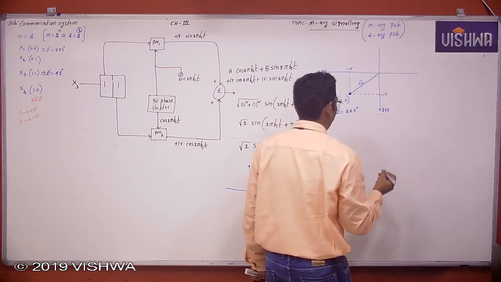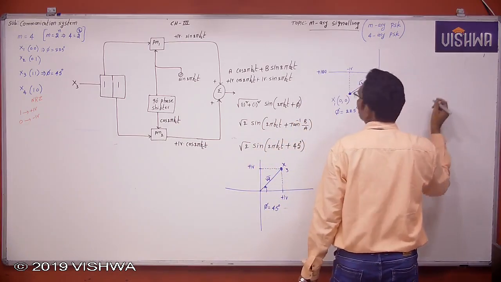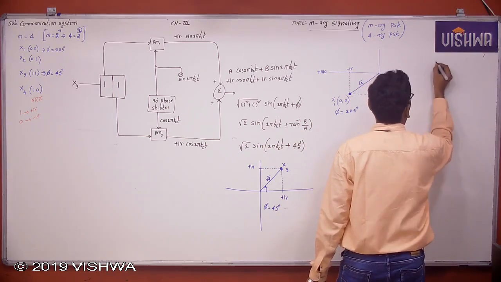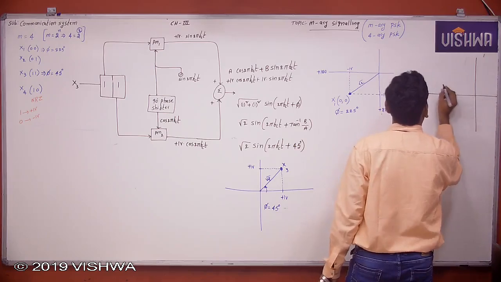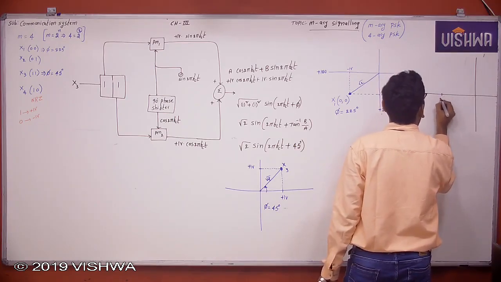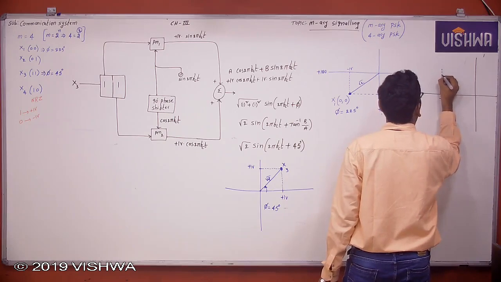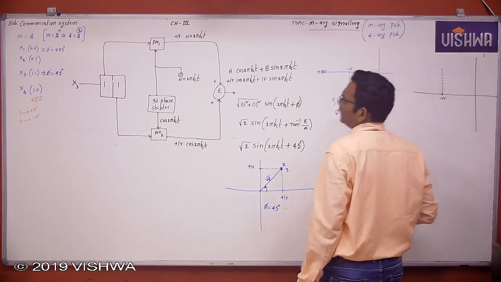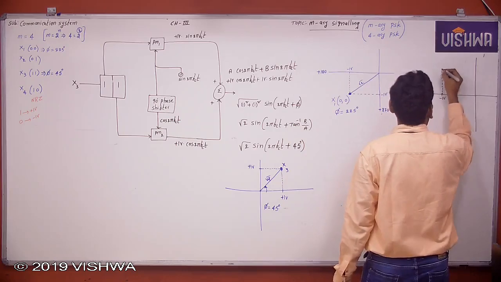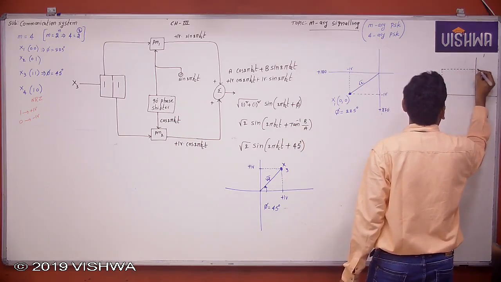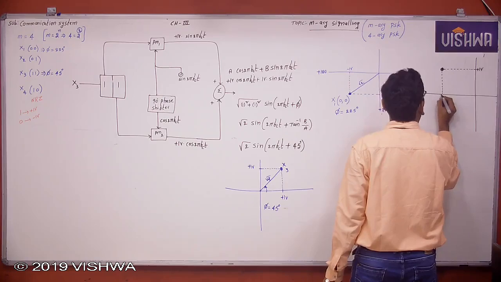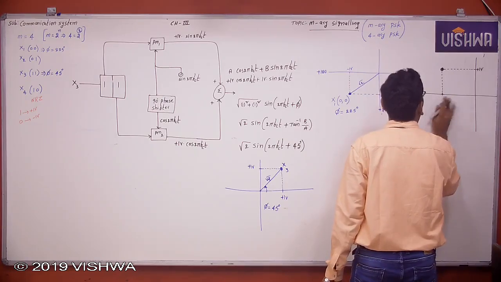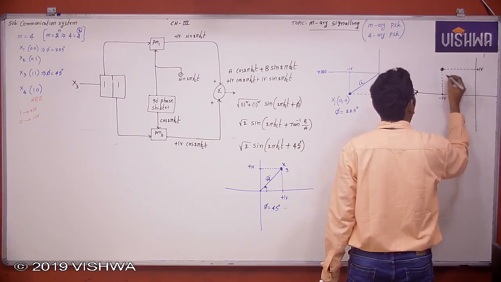Now similarly x2. 0 is minus 1 volt, and 1 is plus 1 volt. This is minus 1 volt, this is plus 1 volt.